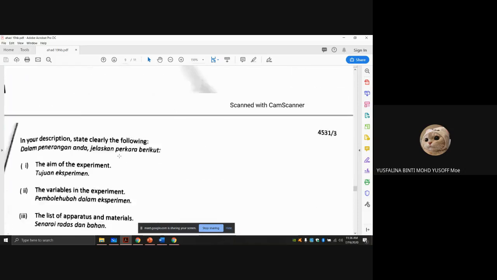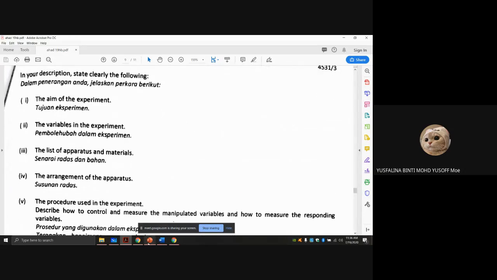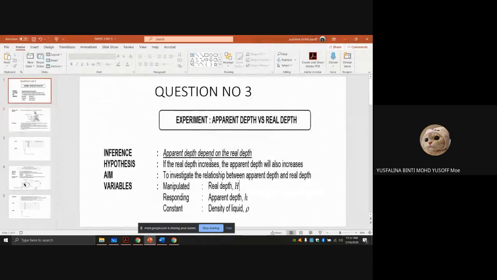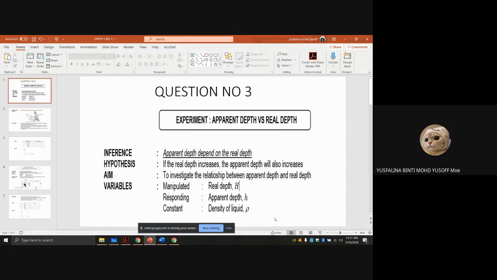So the aim is to investigate, I already told you. The variables here: the manipulated is the real depth, the responding is the apparent depth, and the constant is the density of liquid. Make sure all the variables here can be measured in the lab.